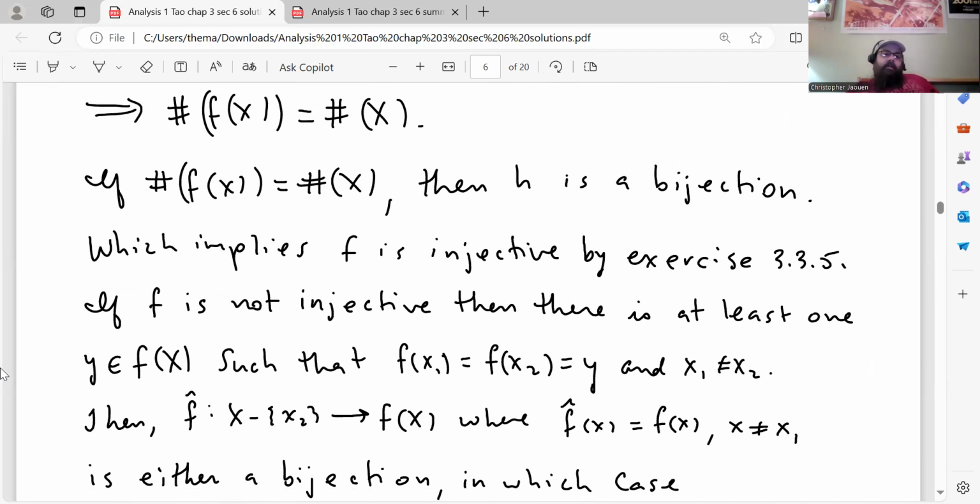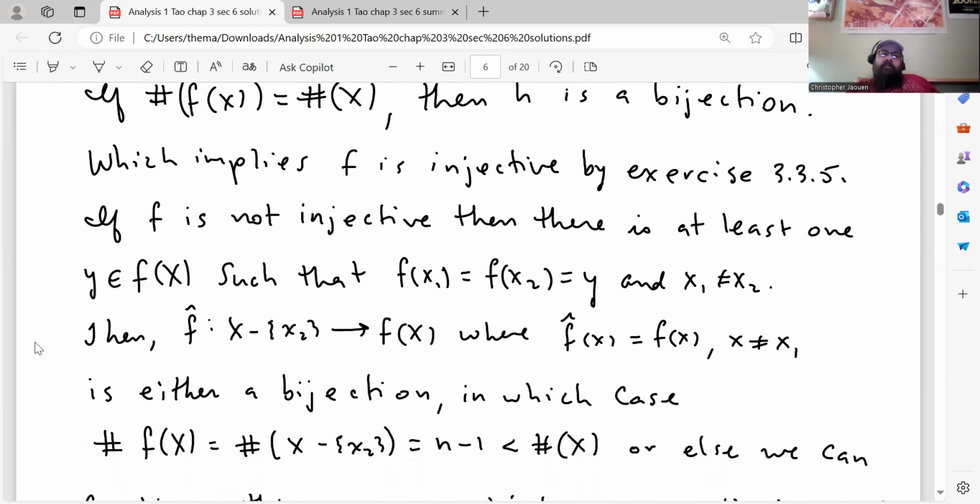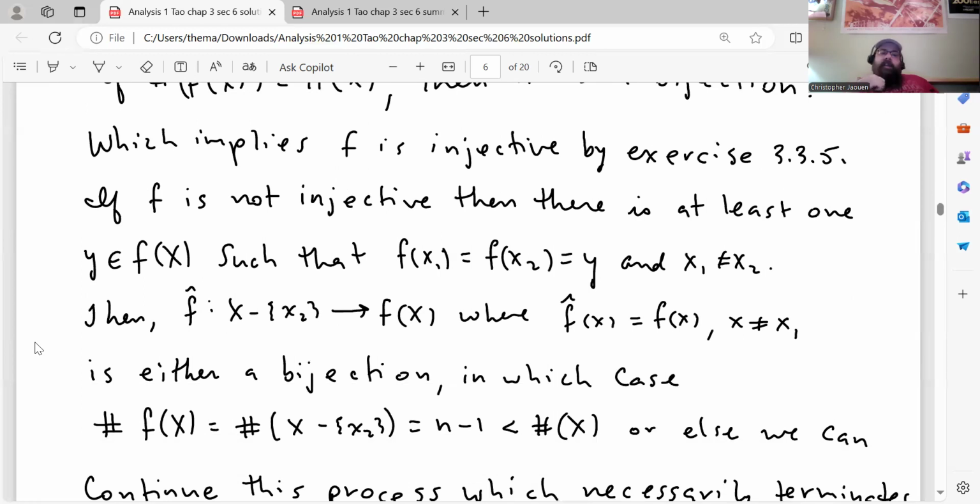All right. If f is not injective, then there is at least one y in f of X such that f of x1 equals f of x2 equals y, and x1 is not x2.